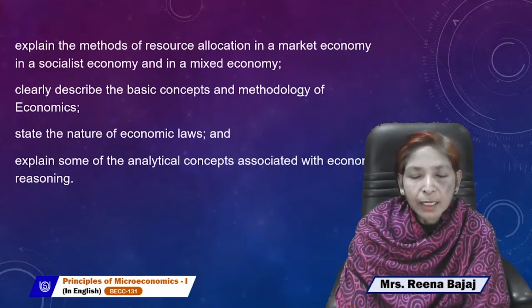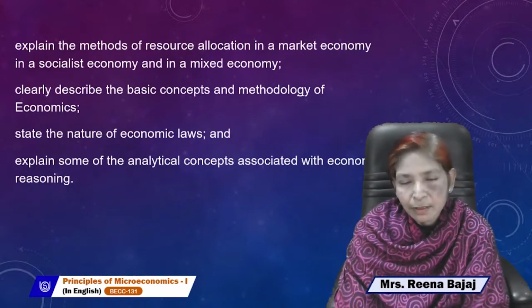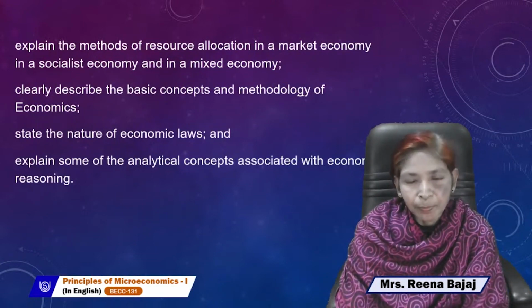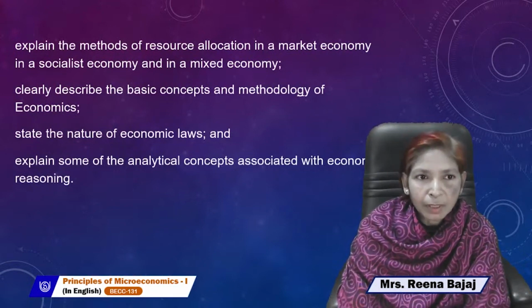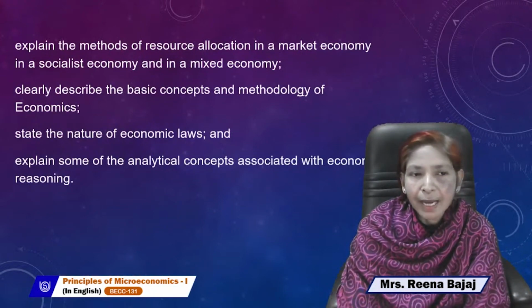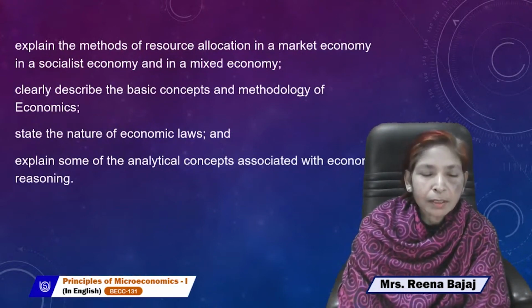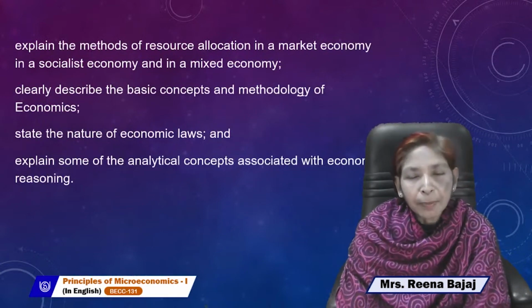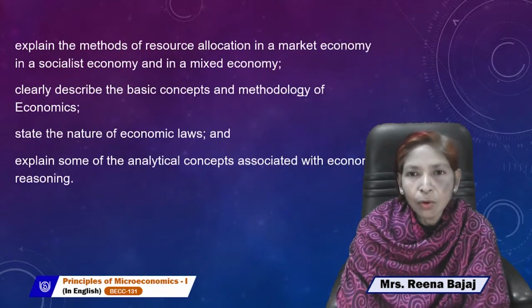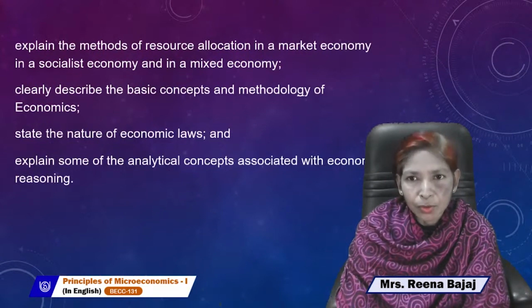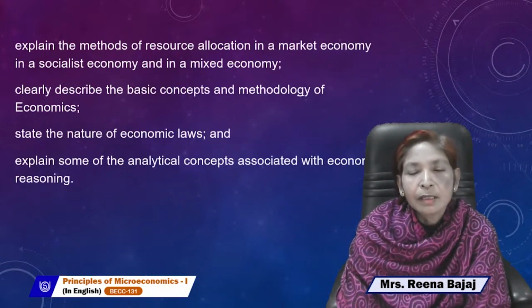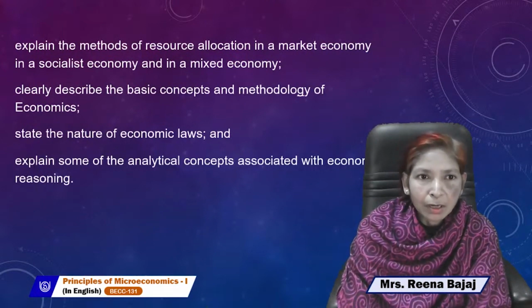As you know, an economy has three types. One is market economy, which is known as capitalist economy. Second is socialist economy. Socialist economy is that economy in which all the resources are owned by the government or state. Capitalist economy is that economy in which all the resources are owned by private entrepreneurs, or private ownership exists in a capitalist economy.